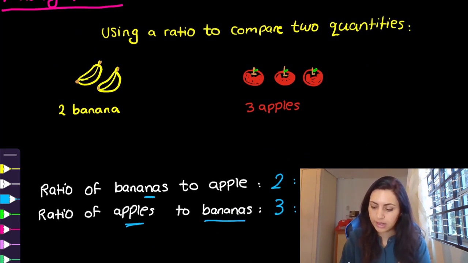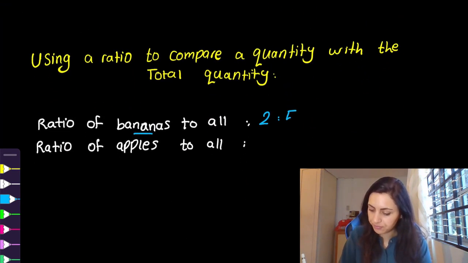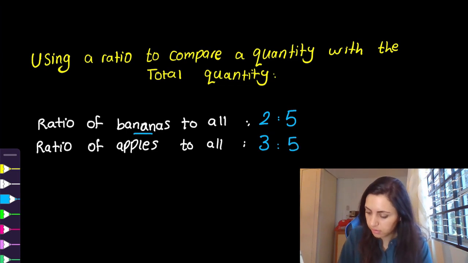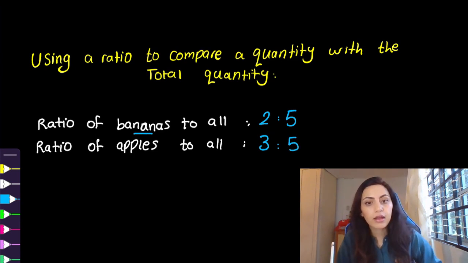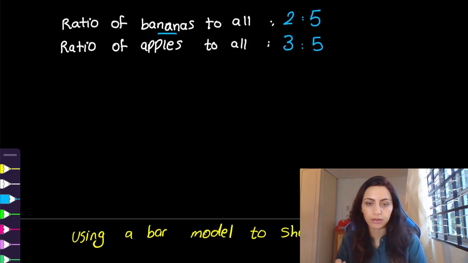So we have 2 bananas and 3 apples, 5. Ratio of apples to all. How many apples do we have? We have 3. To all means all the fruits that we have, which is 5. So you really have to pay attention to the words and read the question carefully. As long as you do that, you're fine.